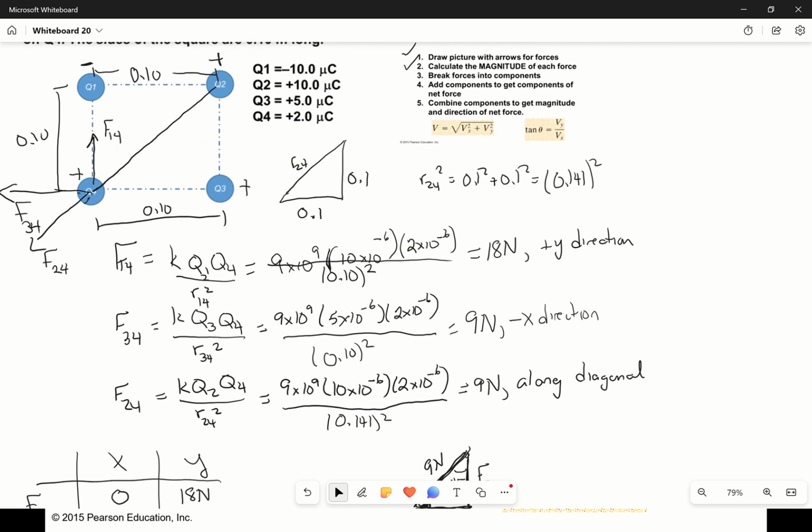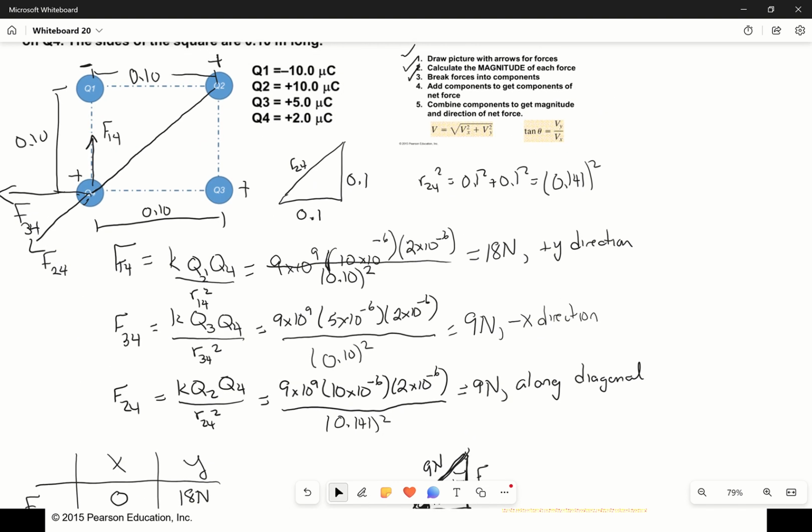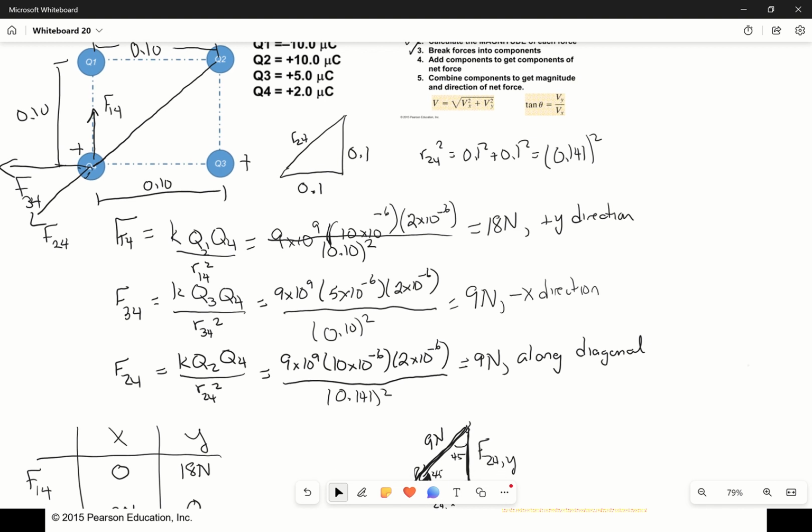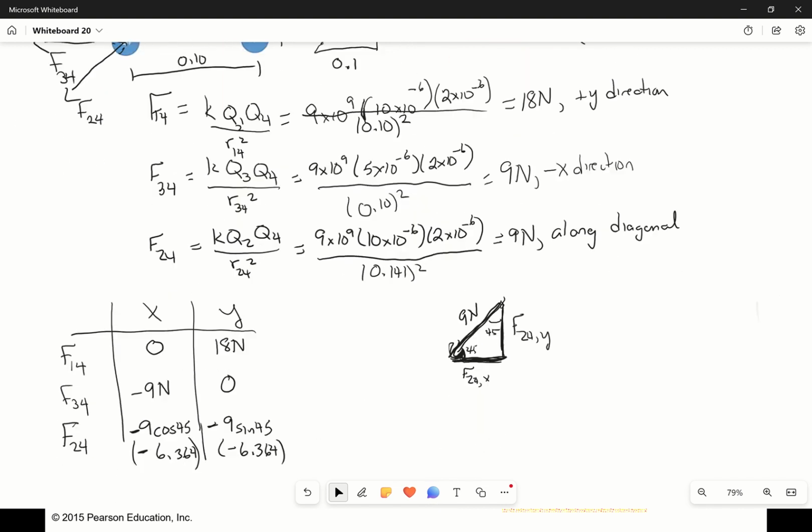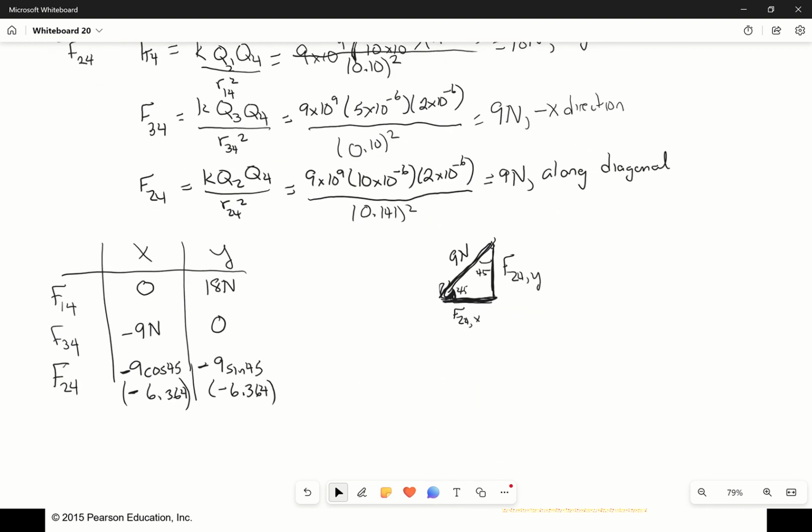All right, so I've done step 3, broken the forces into components, and then we add the components to get the components of the net force. So to get the net force in the x direction, all I do is I add up my numbers down the x column. So I've got minus 9 and then minus 6.364.